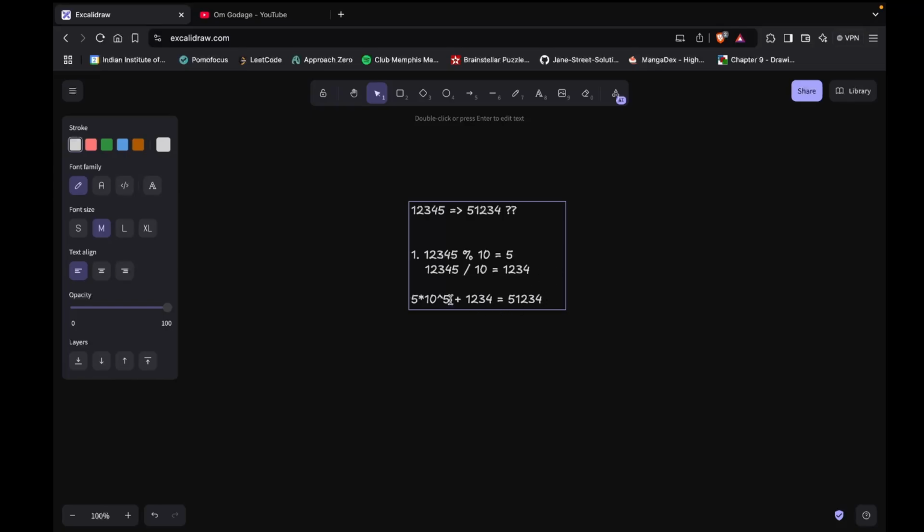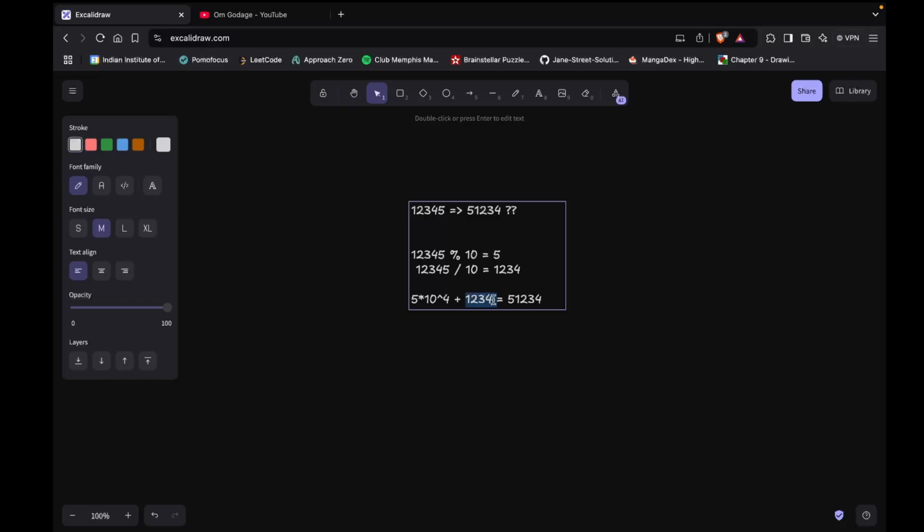Wait, my bad. 1 2 3 4 plus 5 times 10 raised to 4. Convince yourself of this, that if you multiply 10 raised to 4 to 5 and you add this number, then you'll get this number. So all you need to do is find this 4. This 4 is the same as the number of digits that are there in this number.